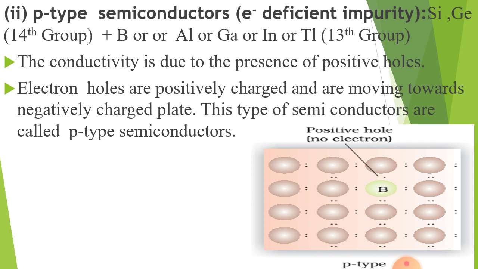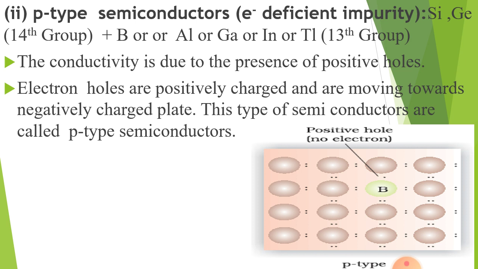Second, P-type semiconductors. This is also known as electron deficient impurities. In this case, silicon and germanium, that is group 14 elements, are doped with group 13 elements, that is boron, aluminum, gallium, indium or thallium. Here, silicon and germanium have 4 valence electrons, but boron and aluminum have 3 valence electrons.